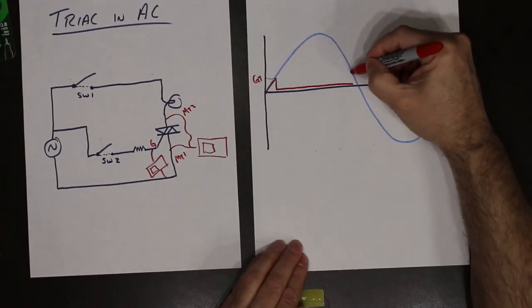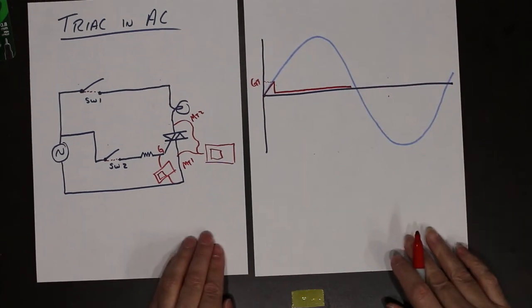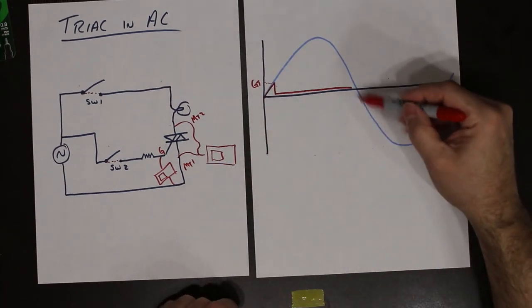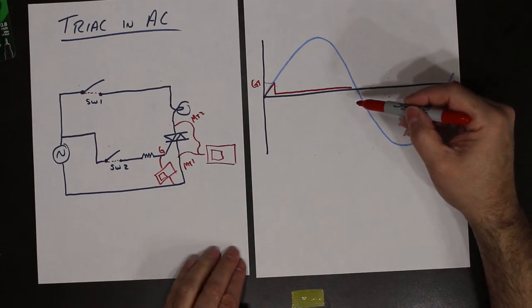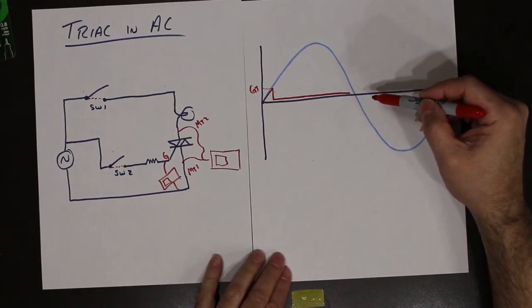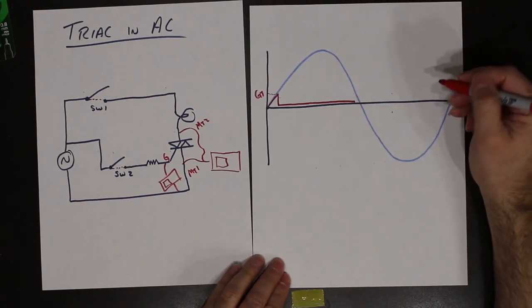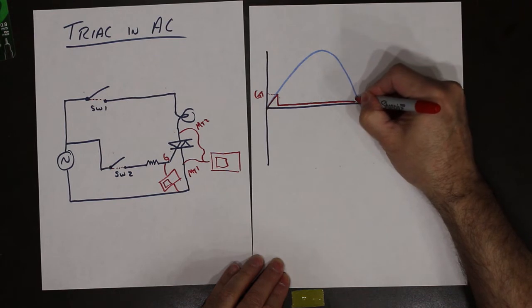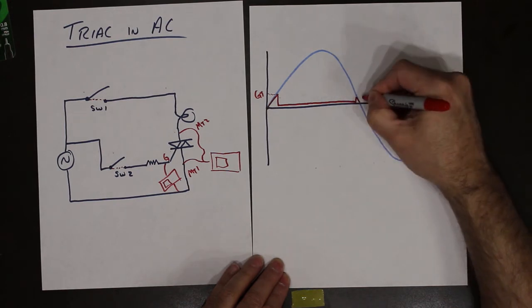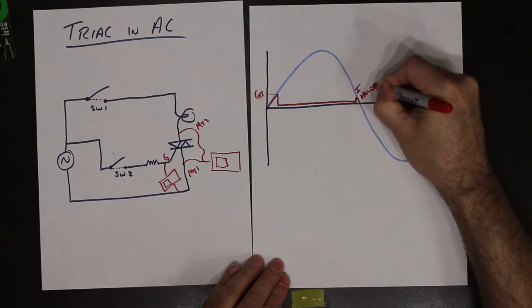As the voltage dies off and approaches zero, again, somewhere along that line, we're going to hit the point at which we can no longer maintain the current flow through the device that's larger than our holding current. So the device will shut down. So this is for the holding current again.